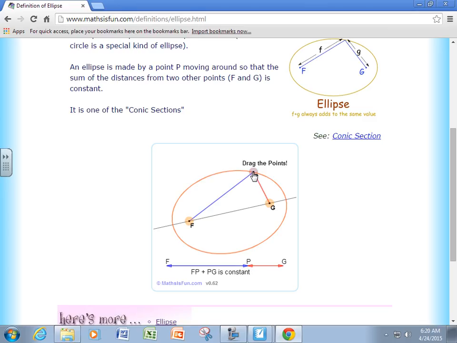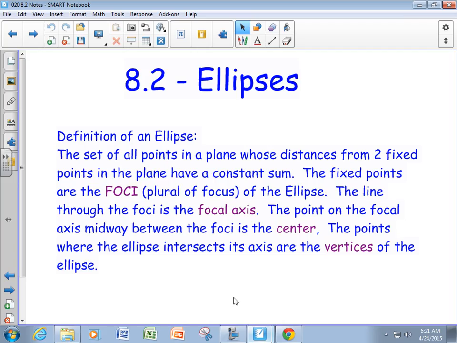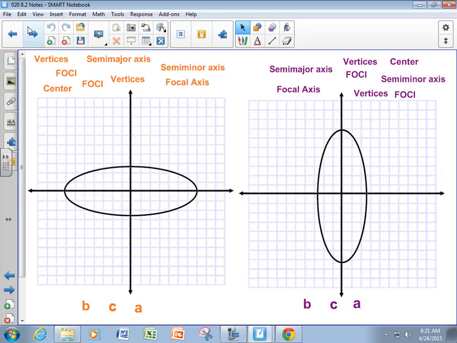So if I drag this point, while the blue and red change, notice the sum stays exactly the same. The sum never changes, the distance from F all the way to G. So that is how an ellipse is created, off of these two fixed points and wrapping around, and that sum stays the same. So kind of a cool picture for you, just to give you an idea of where the foci are and what their importance is. All right, back to our notes.